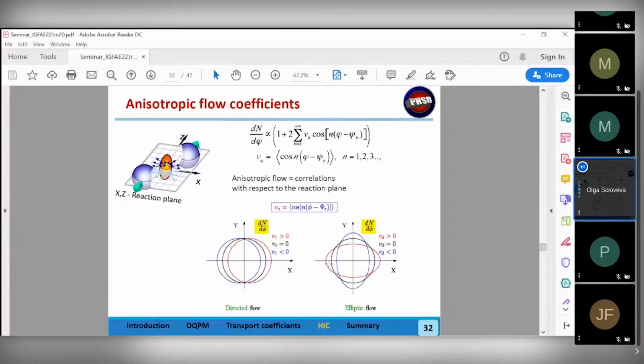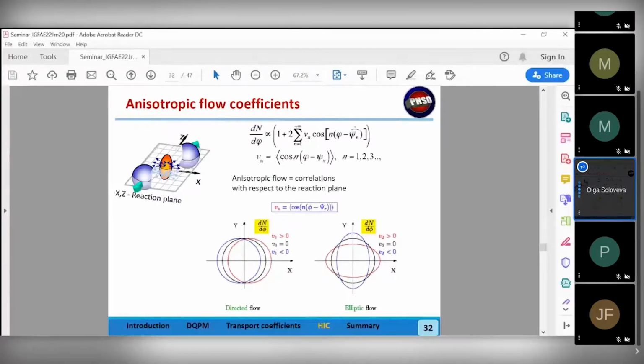To quantify transverse momentum anisotropy, one can expand the azimuthal distribution as a Fourier series, where the flow coefficient Vn is the magnitude of the n-th order anisotropy, and psi corresponds to the event plane angle, which characterizes the initial collision geometry.